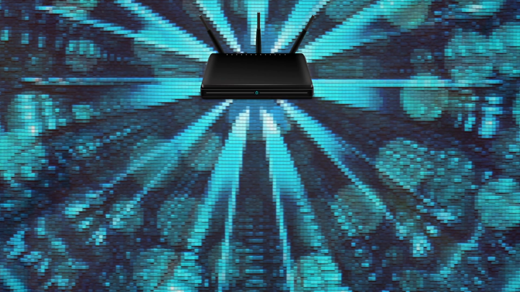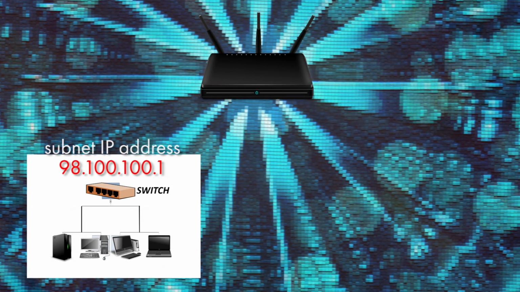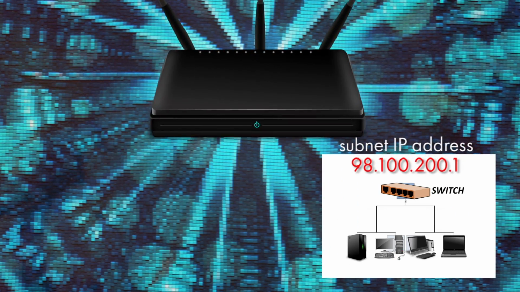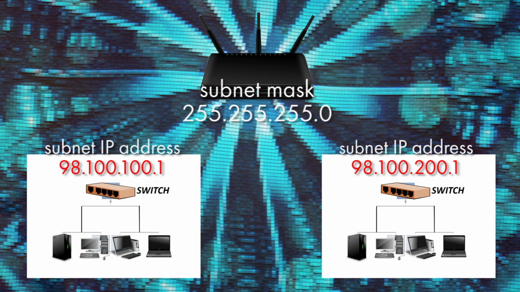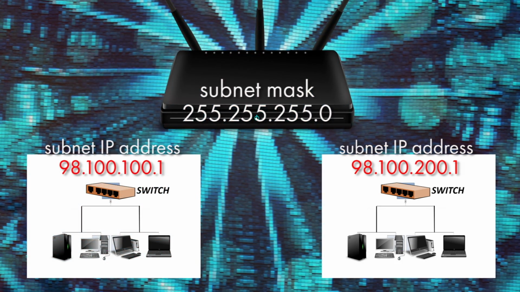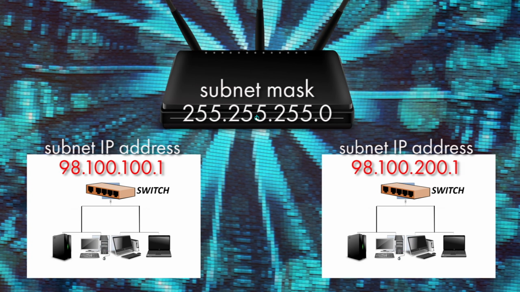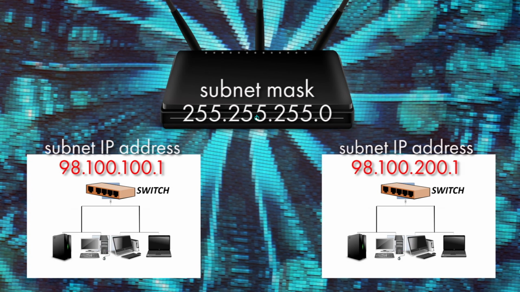My router knows about my subnet, where it is known as 98.100.100.1, and it knows about the other subnet, where it is known as 98.100.200.1. On both subnets, it has a subnet mask of 255.255.255.0. It checks to see if it can route to the destination and compares the subnet masks of its IP and the destination IP.